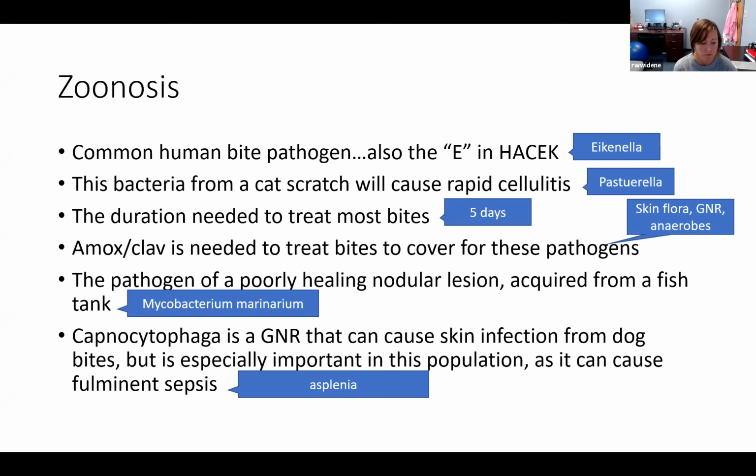And then the way that this goes, and I get these questions all the time, so I'm going to tell you how it works, at least here in South Carolina: if the animal is able to be obtained and can be monitored, then that is preferred. And you do not have to start rabies prophylaxis if you have the animal and can do observation. Those animal observations occur for 10 days.